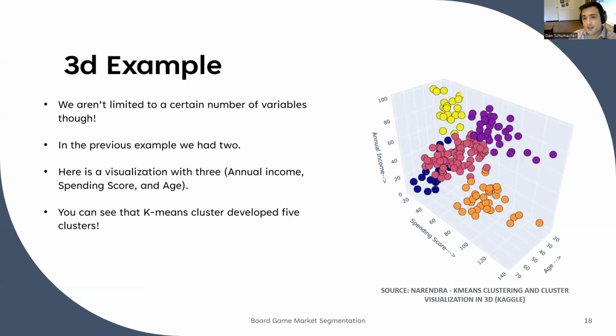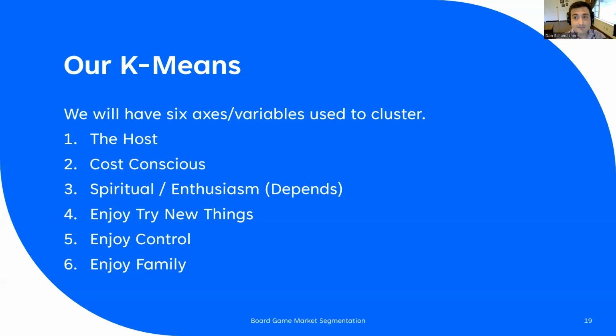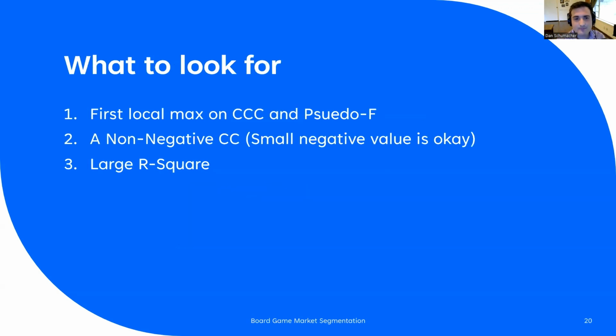Here's a 3D example where you can see we're looking at annual income, spending score, and age, and we're able to make 5 clusters based on where people fall in that 3D space. In our case, we're going to be looking at 6 variables or axes used for clustering. Here they are here, and you'll see that they include our 2 abstract constructs we created.